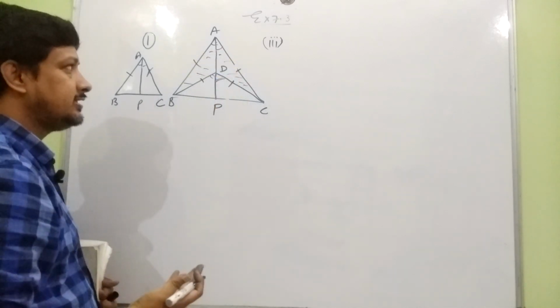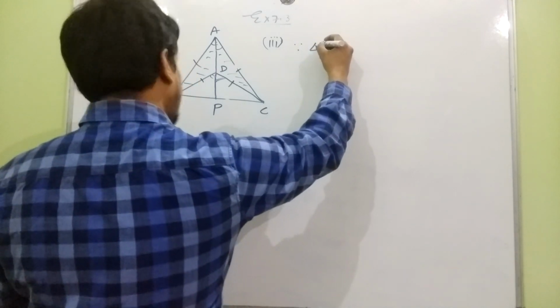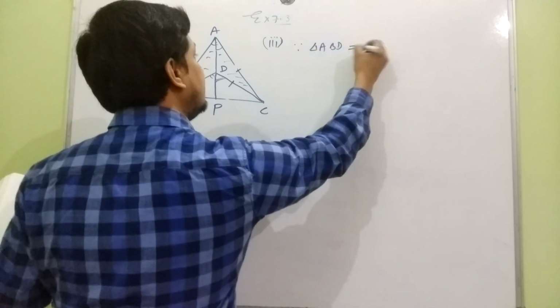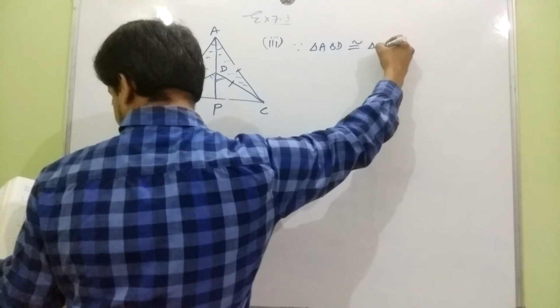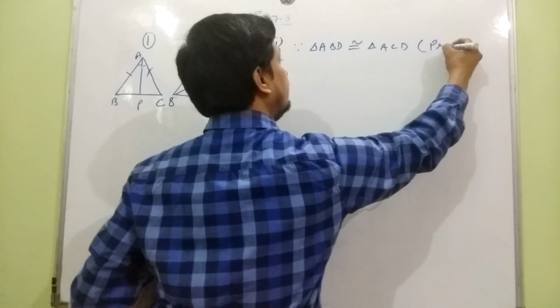So this angle is equal to this. This we can prove easily, because since triangle ABD is congruent to triangle ACD, this you have proved.